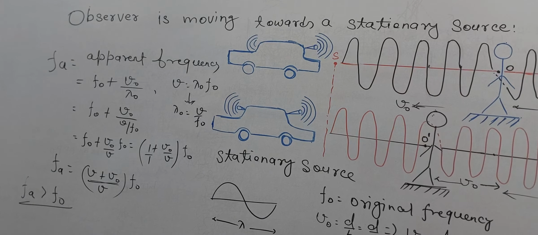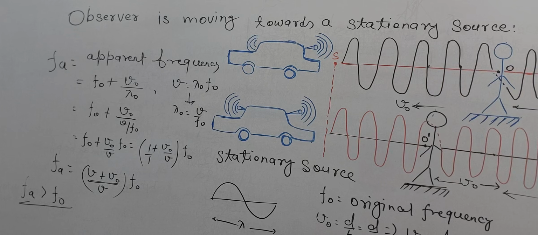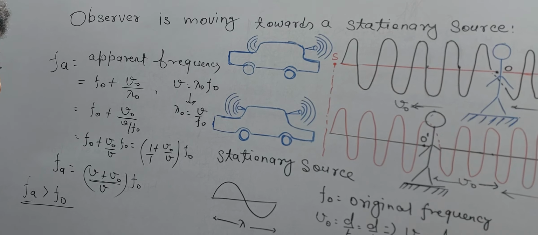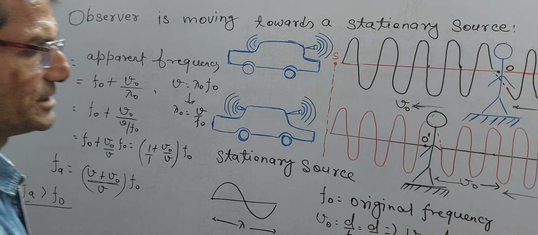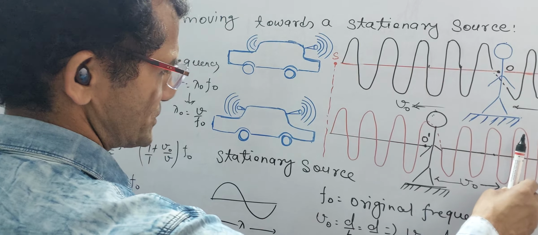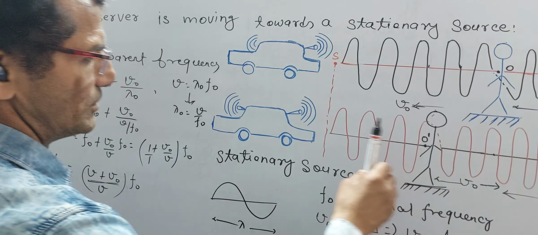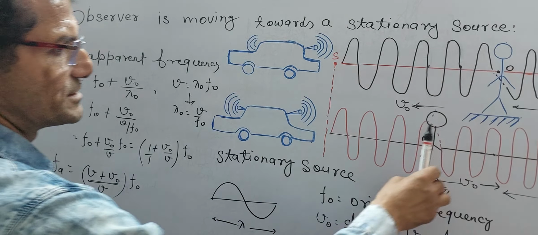So this is another case of the Doppler effect. Very important effects. We can see many such things in nature. This is the stationary source and this is the moving observer.